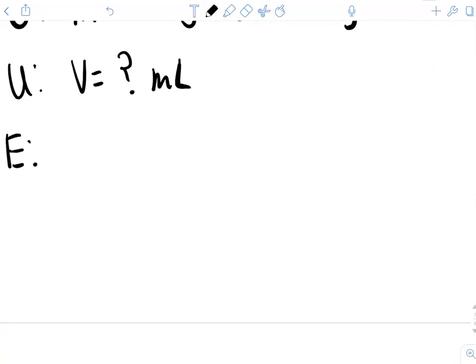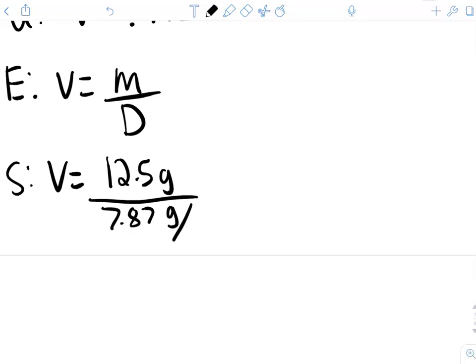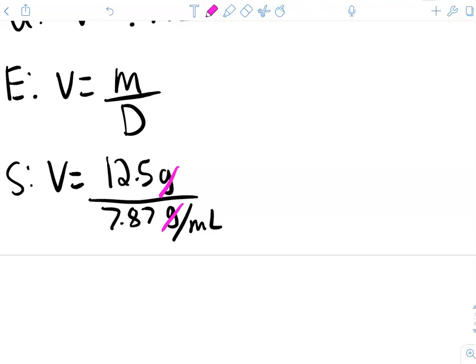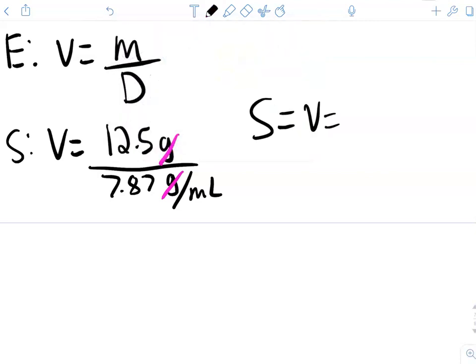So our equation is going to be V equals M over D. We're going to substitute in, so we're going to have 12.5 grams over 7.87 grams per milliliter. And again, these grams are going to end up canceling out. And whenever that happens, you are then going to be left with milliliters. And so my final answer is going to be that my volume is 1.59 milliliters.